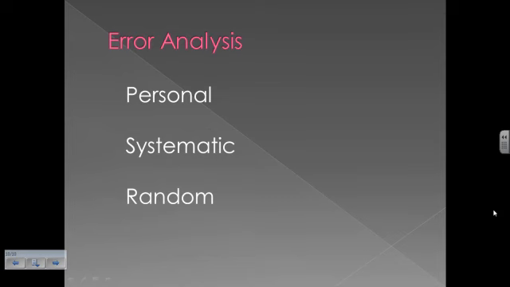We have no control over the random errors, and we try to eliminate as many as we can think of. And we have control over the personal errors because we can make sure that what we're doing, as far as we know, is the best that we can do. Systematic errors tend to not be anything that we can do anything about, so we need to be aware of those as we're going through this process.